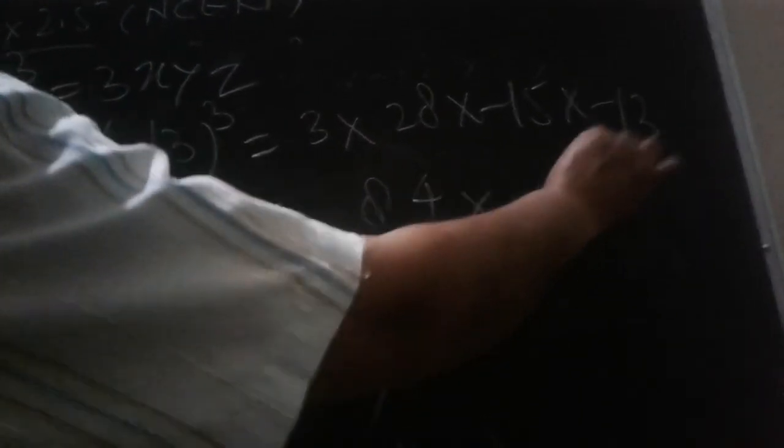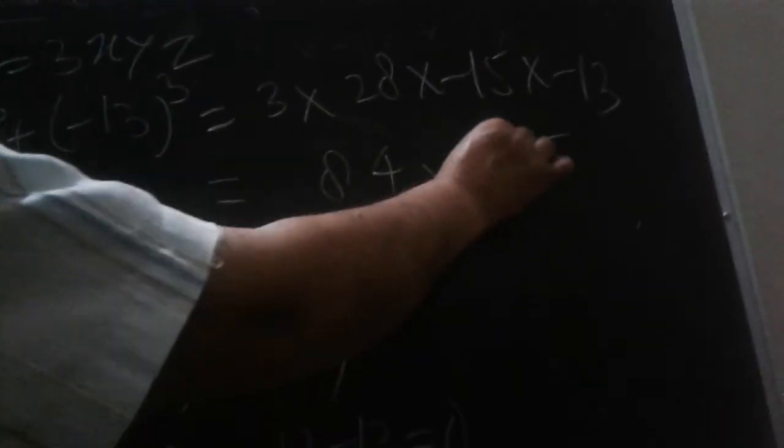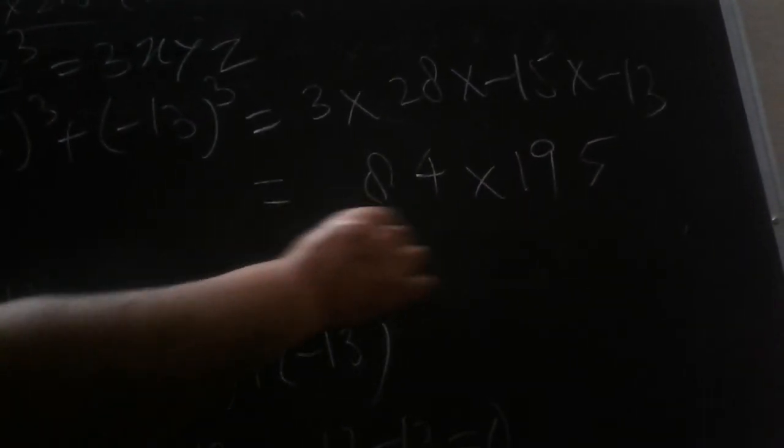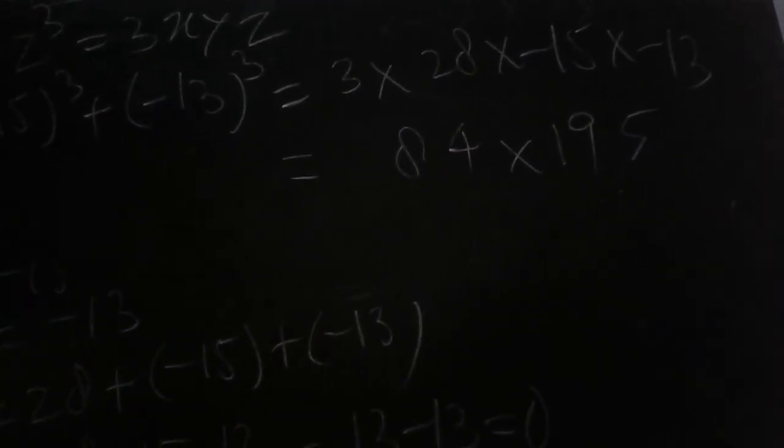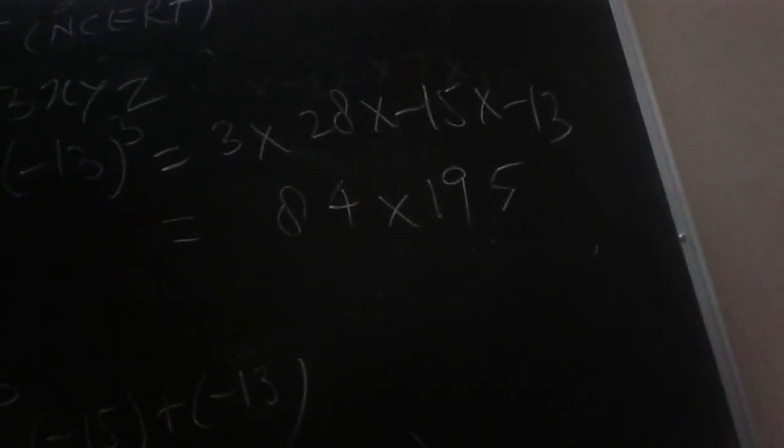Now multiply 13 by 15, which is 195. Now multiply 195 by 84 and obtain the final answer. This is the way to solve such type of questions.